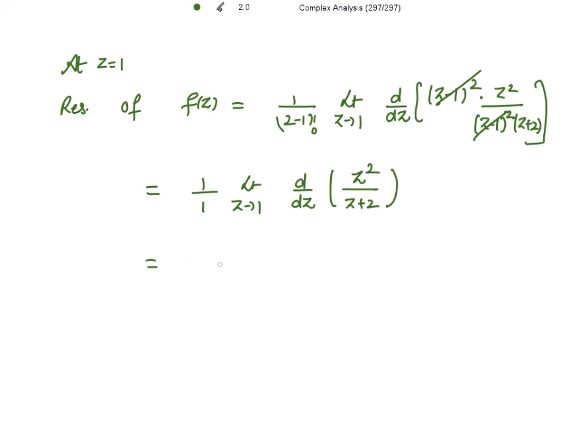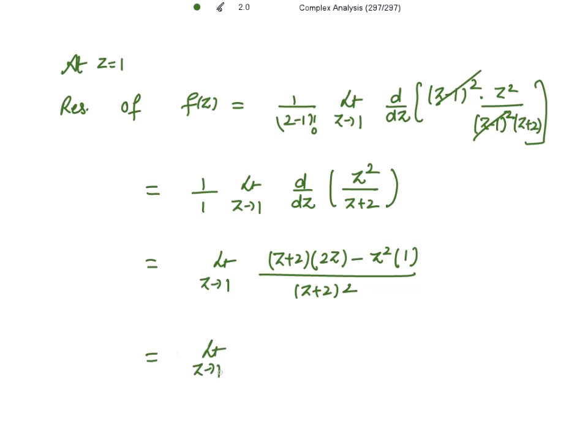We need to find the derivative for this. So this is denominator whole squared. Writing the denominator first and taking the derivative of the numerator, then negative sign, writing the numerator and taking the derivative of the denominator with respect to z. So this is limit z tends to 1. This becomes (2z squared plus 4z minus z squared) divided by (z plus 2) whole squared.